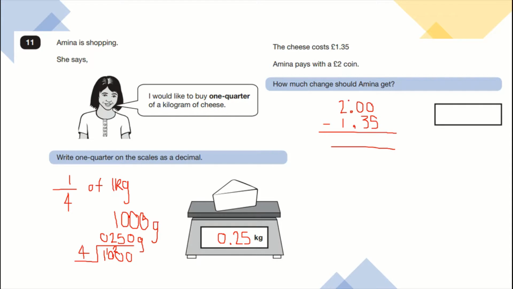So 2, if we borrow 1, that'll be 1. This number will be made to 10, and if we're going to borrow 1 for this one, this number will be made a 9. Carrying over the 1, 10 minus 5 is 5. 9 minus 3 is 6. Remembering our decimal point, 1 minus 1 is 0. So Amina should get 65 pence change.